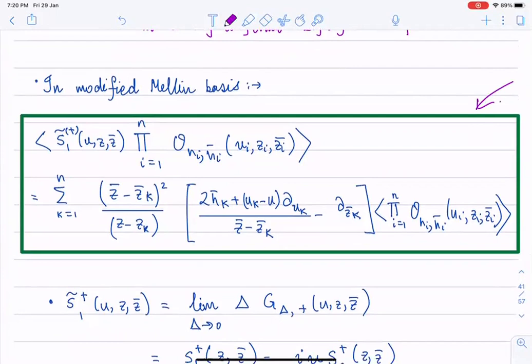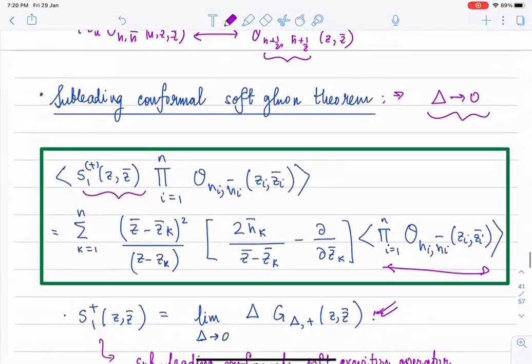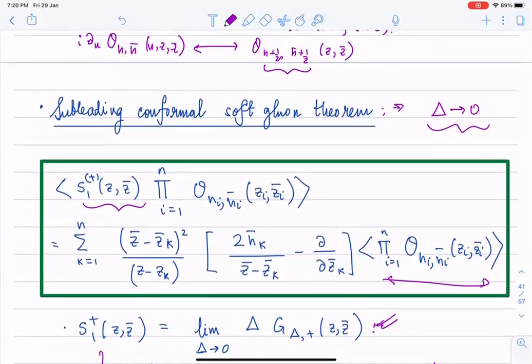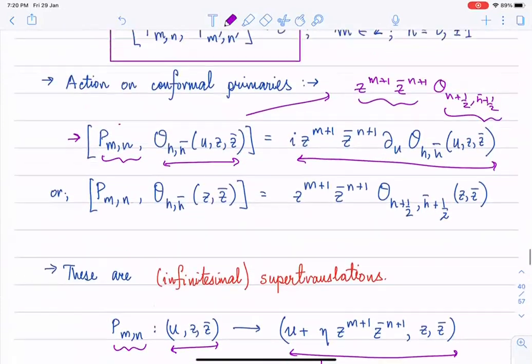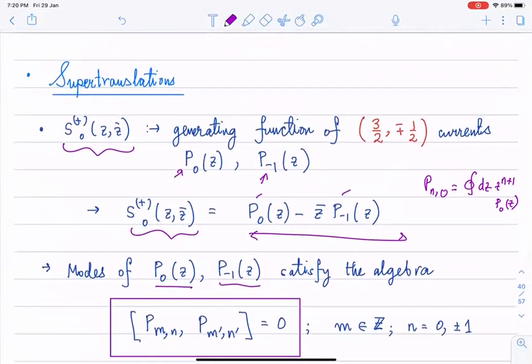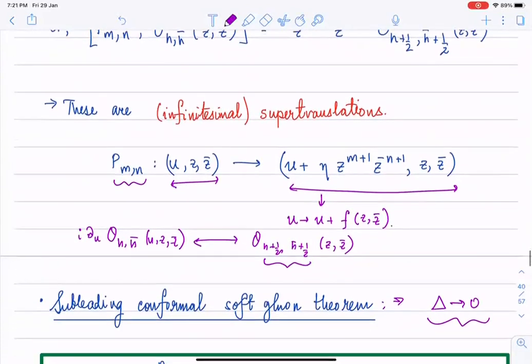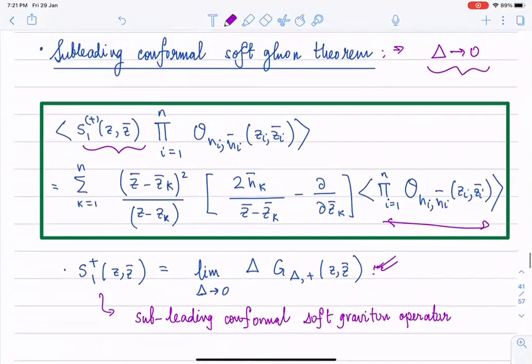Okay. But one caveat which I want to point out is that in the case of the leading conformal soft limit, the leading soft operator, which was this S 0 plus, has the same form irrespective of whether you write it in the Mellin basis or the modified Mellin basis. But that is not what happens when you take the subleading soft limit.